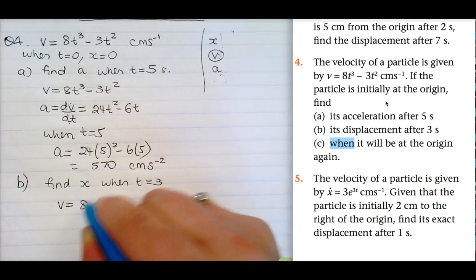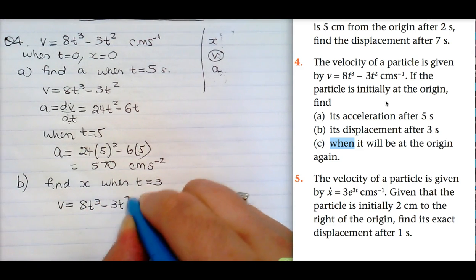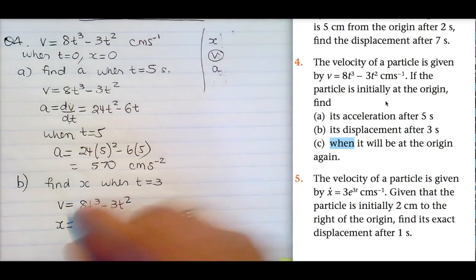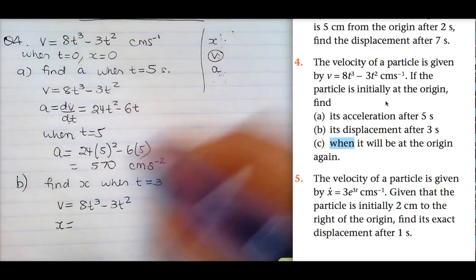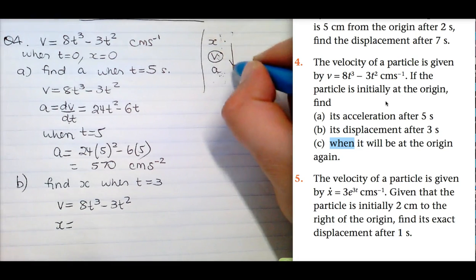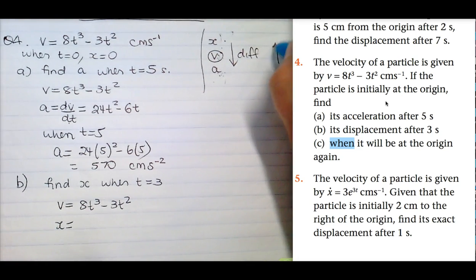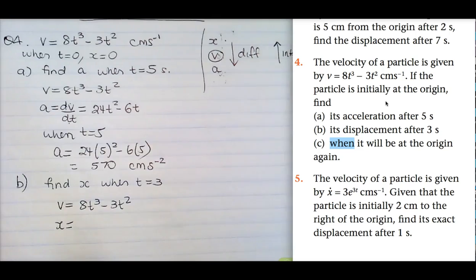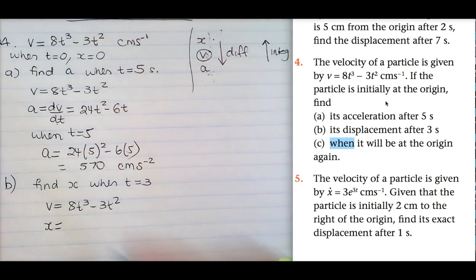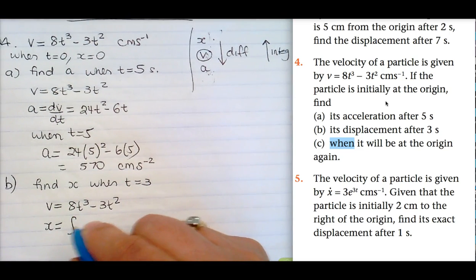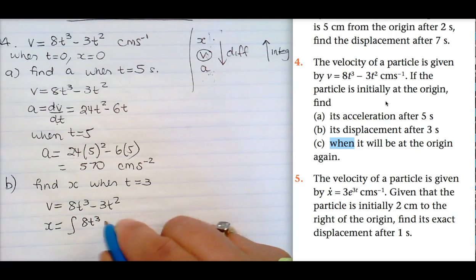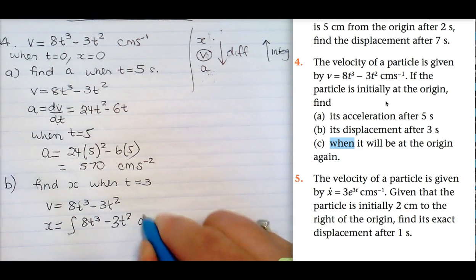We've got v, but we need x. Well, if you've got v and you want x, you integrate. So going down is to differentiate, going back up is integration. So we integrate. X is the integral of 8t cubed minus 3t squared dt.